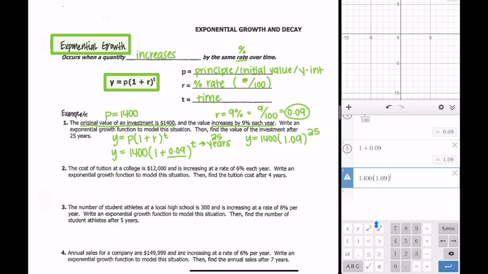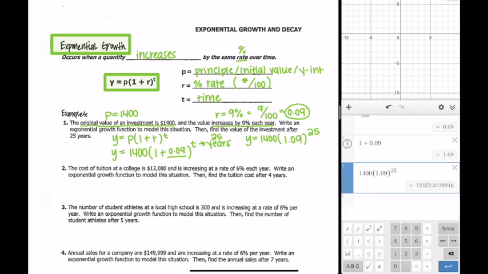When I click that, you can see that it moves my cursor up to the top of that parentheses. Now I can type in 25, and it is my exponent. So when we evaluate 1,400 times 1.09 raised to the power 25, we get 12,072.